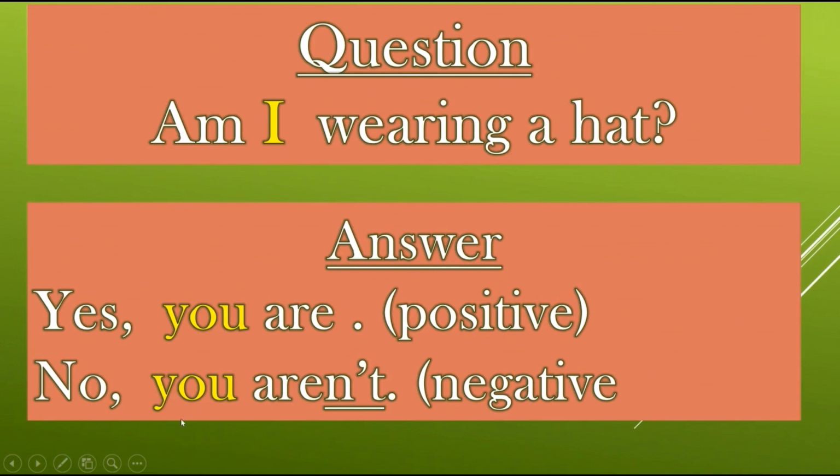You will say no, you aren't. So it's negative if she's not wearing one. I'm not wearing a hat, so you will say no, you aren't. All right. So you say, am I wearing a hat? Yes, you are. No, you aren't. All right. Do you understand?